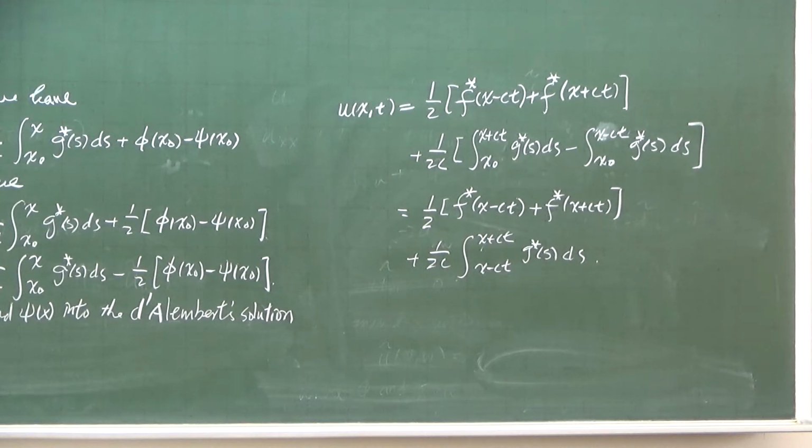And also at L, we must have one-half of f star of L minus ct plus f star of L plus ct, plus 1 over 2c, integral from L minus ct to L plus ct of g star x dx. Alright, so we have these two identities, and they must be true for all t greater than or equal to 0.